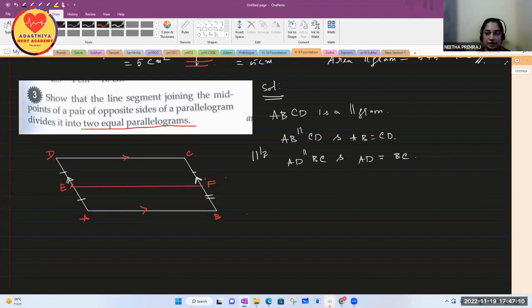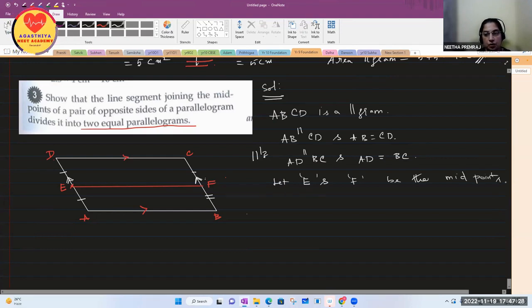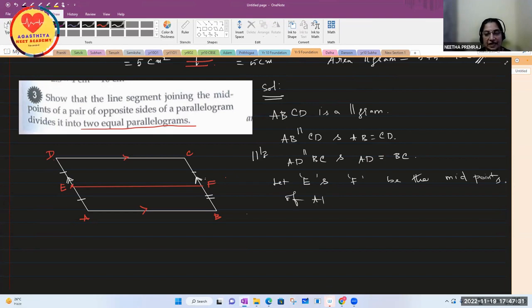Then let E and F be the midpoints of AD and BC. Draw EF.